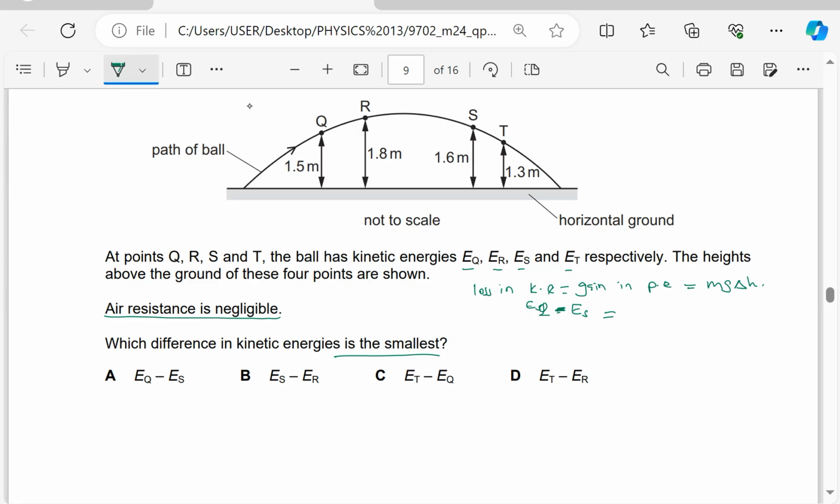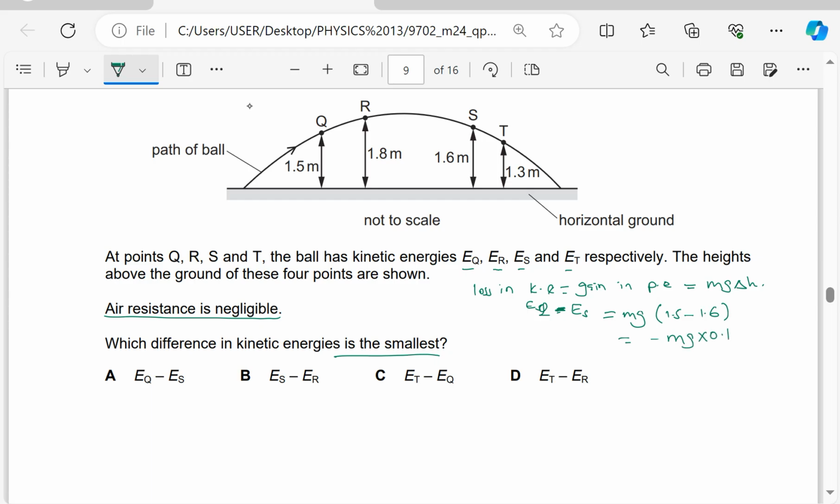There is no problem about that. So this is going to be mg, the difference in H is 1.5 minus 1.6. So this is just going to be negative mg times 0.1.